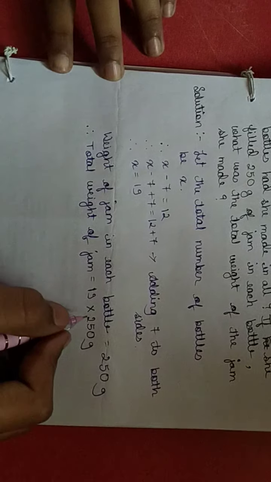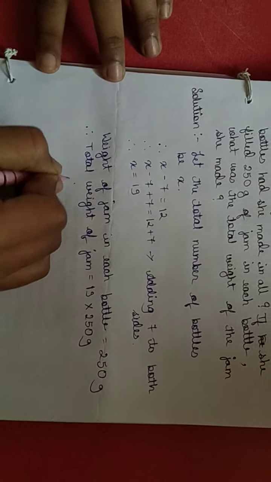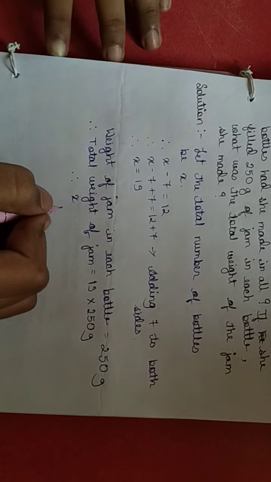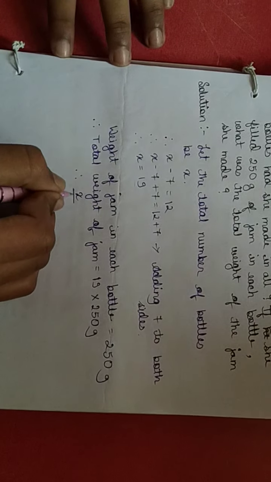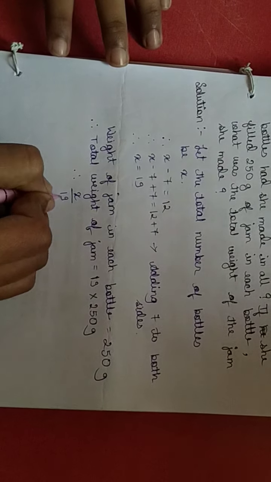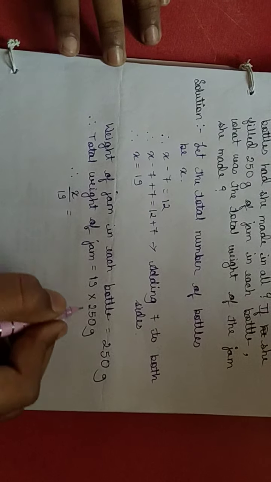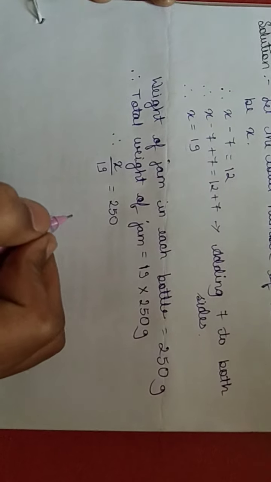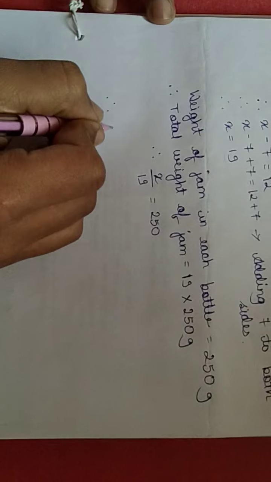So the opposite of multiplication is division. Therefore, we are taking the total weight of the jam as x, x upon 19, okay, 19 bottles are there, is equal to 250 grams is filled in each bottle. So therefore we will solve this equation.